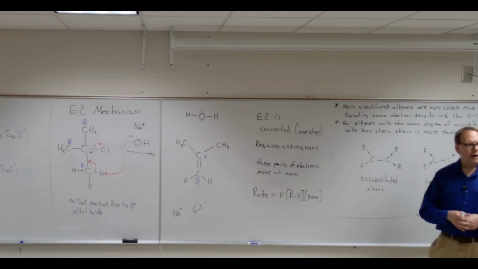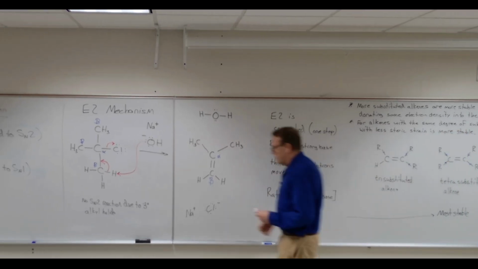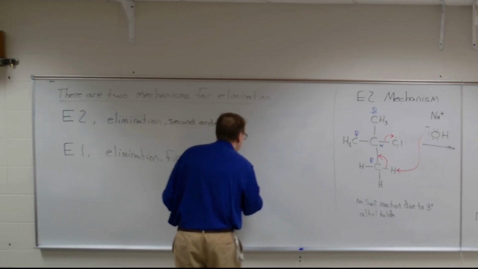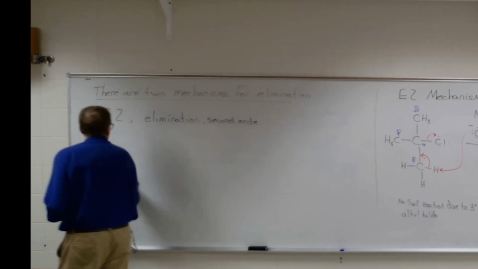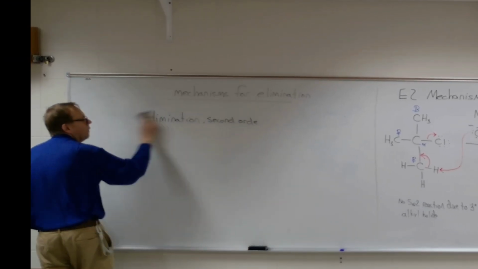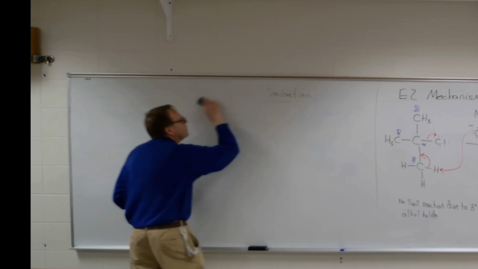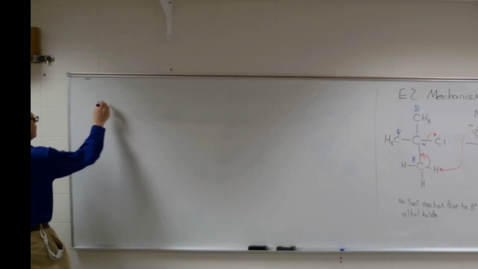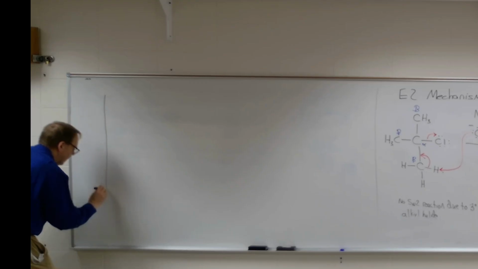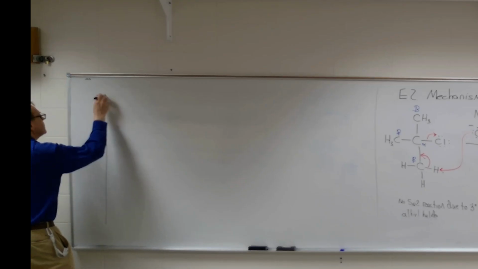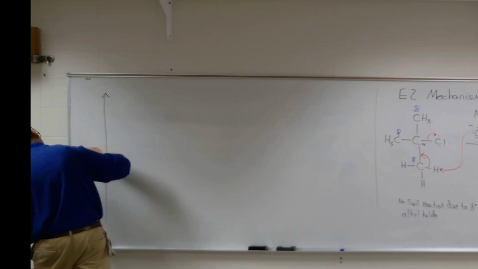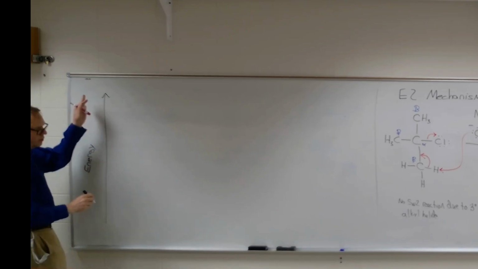Let's look at the energy level diagram for this process. So I'll sketch a graph here. The graph is going to have a y-axis that has energy on it, increasing as you go up.